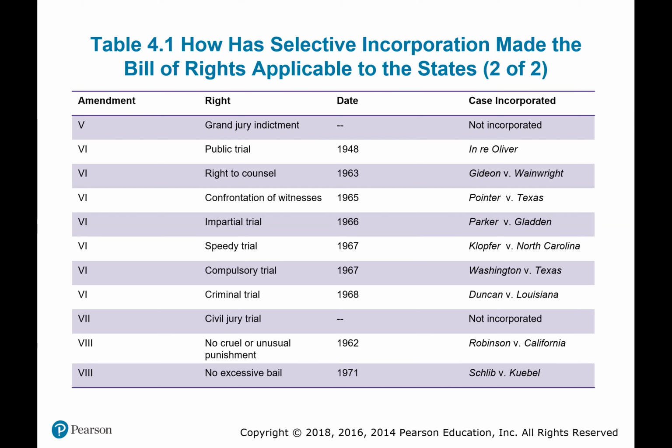So far, there hasn't been a case yet at the state level to bring it to federal court and incorporate, though it doesn't mean it's not law. And you have the Eighth Amendment, no cruel or unusual punishment and no excessive bail were upheld and incorporated in 62 and 71, and there's been other trials since.